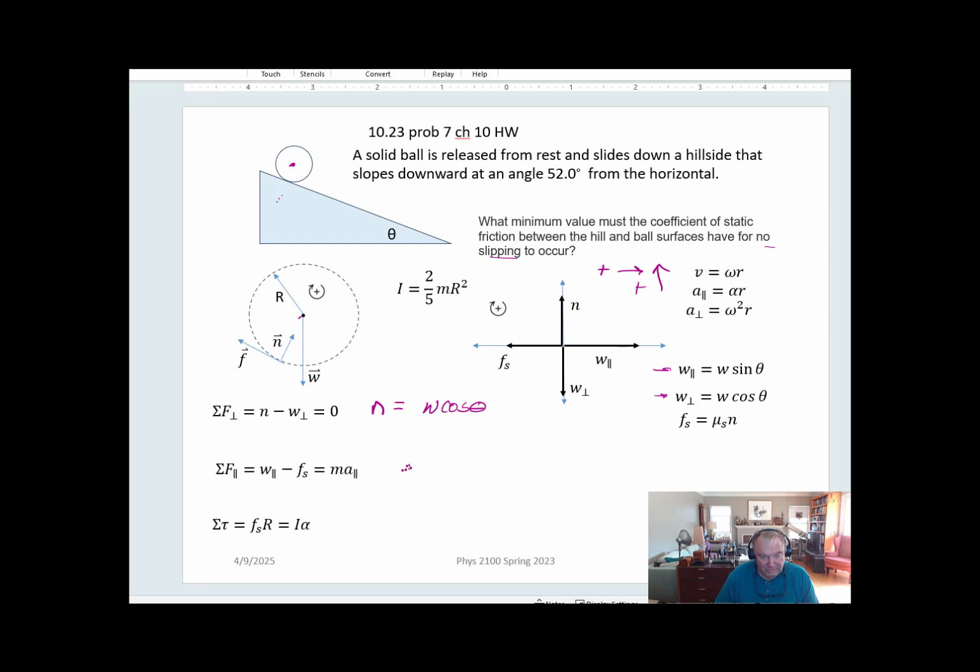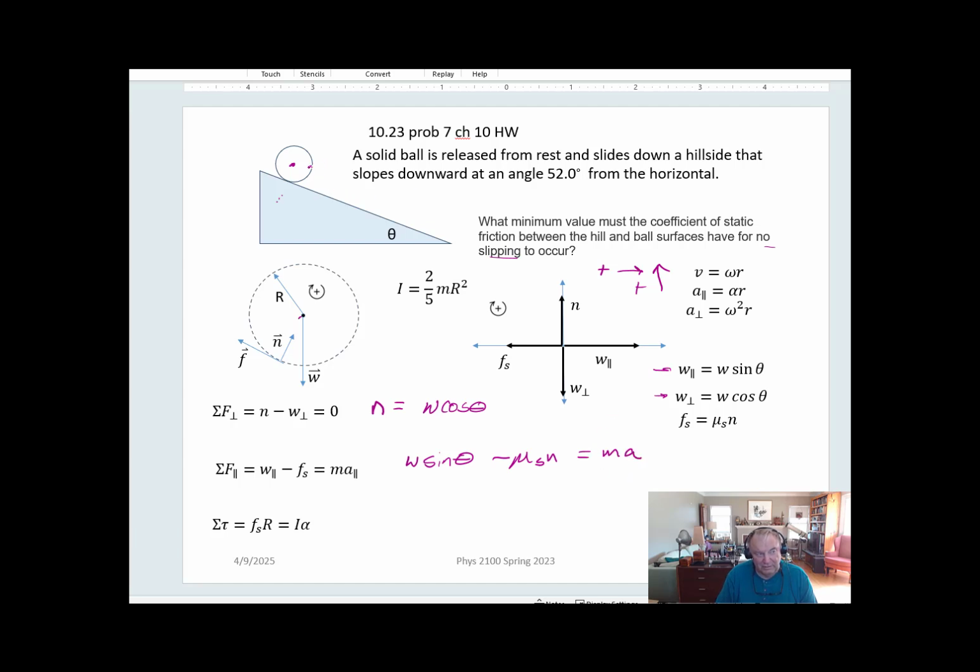Let's think this through. There's a couple things we could do here. Let's write this all out. W sine theta minus mu sub s times the normal equals ma.